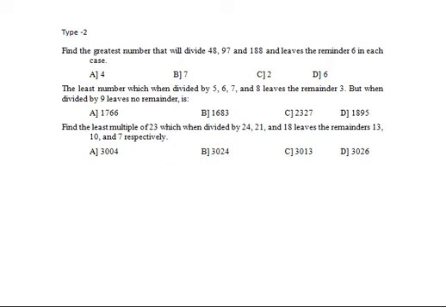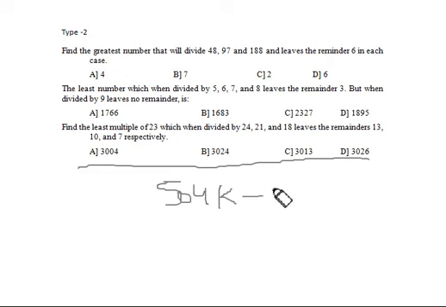That means, and also the options are given in the 3000 range, so I'll write 504k minus the common remainder would be the answer of this. When you're having the remainder, you have to add, the common remainder you have to subtract, right? So 504, the range is of 3000.